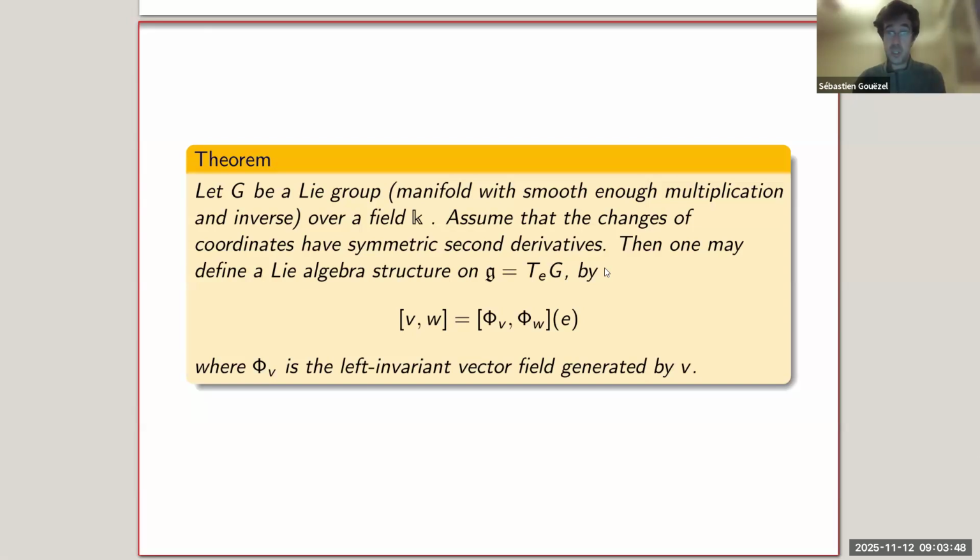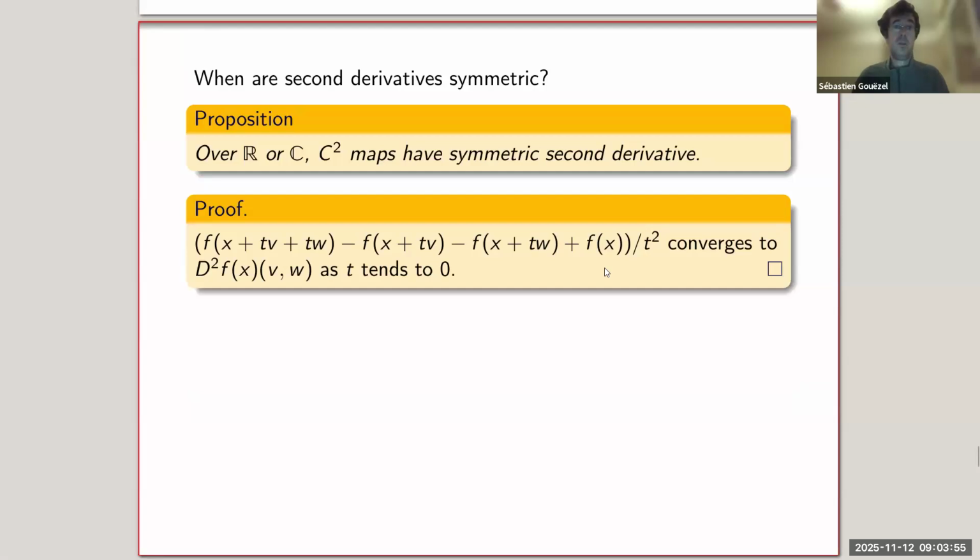So a standing question here is, when are second derivatives symmetric? Well, over reals or complexes, C2 maps always have symmetric second derivatives. That's a very basic theorem in calculus. And the proof is also very simple.